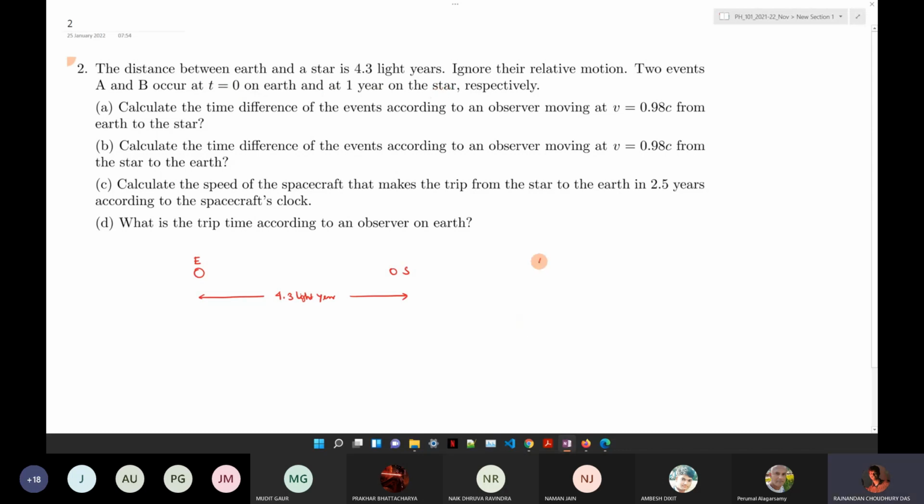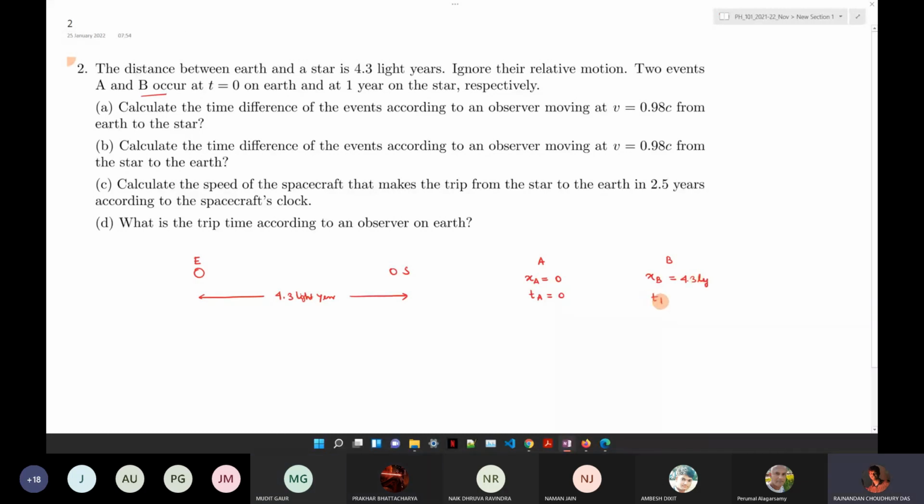So the position of event A on Earth is 0, and this event is occurring at t equal to 0. Event B is occurring here on the star. So the position of event B will be equal to how much? 4.3 light years.